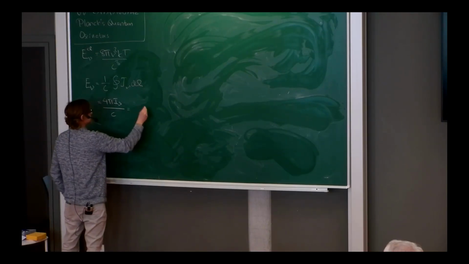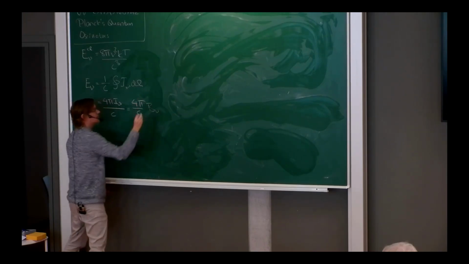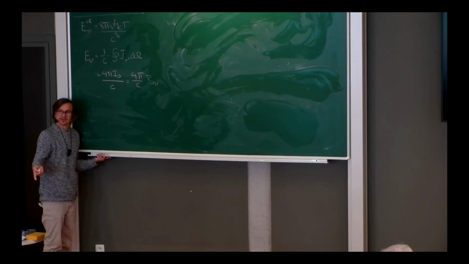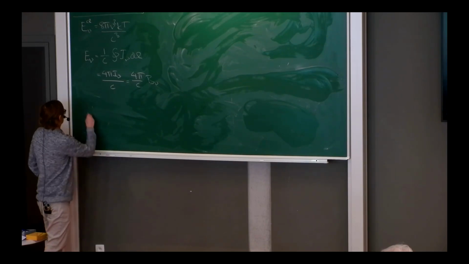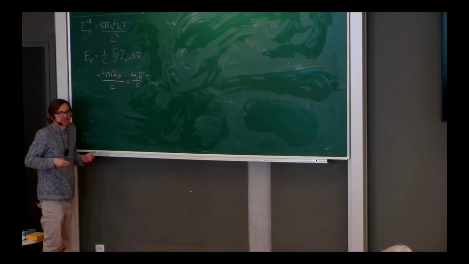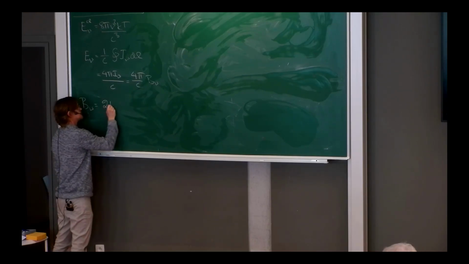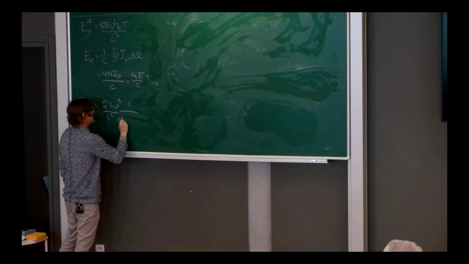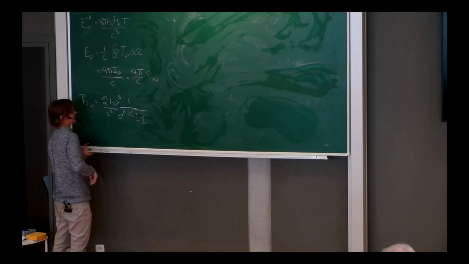We could write this as 4 pi divided by c times B nu, where B nu is the Planck function: 2 h nu cubed over c squared, times 1 over e to the h nu over kT minus 1. That's the whole Planck function.